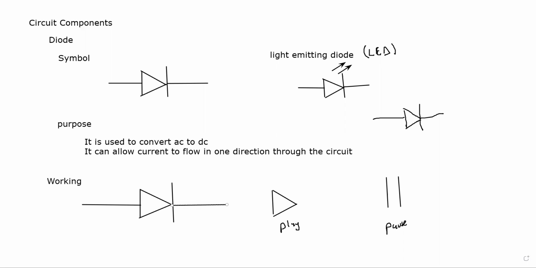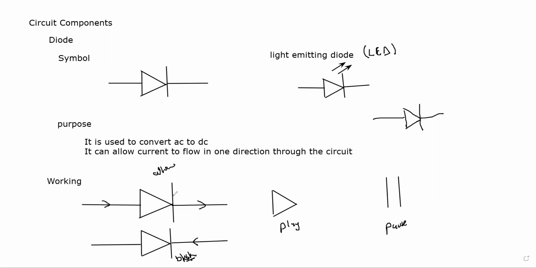So working of the diode: if the current is passing from the direction of the play, the diode will allow that current to pass. But if current is coming from the direction of the pause, the diode will block that current and does not allow it to flow.